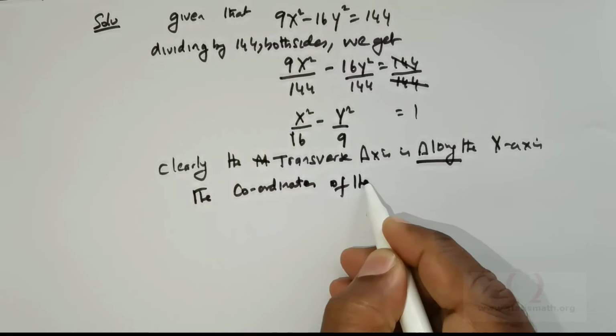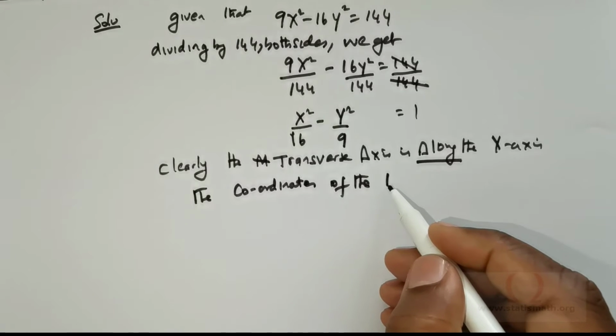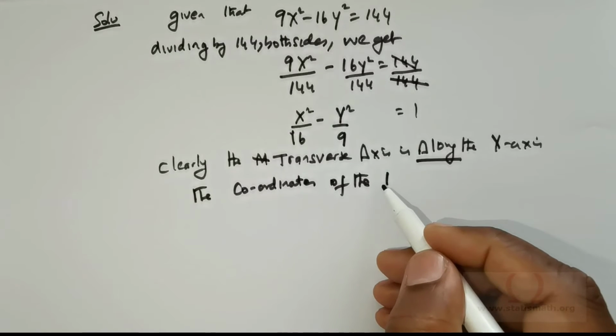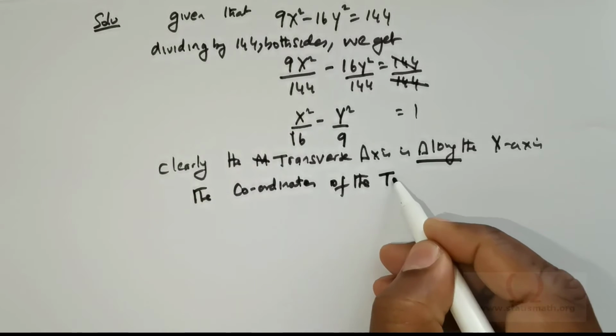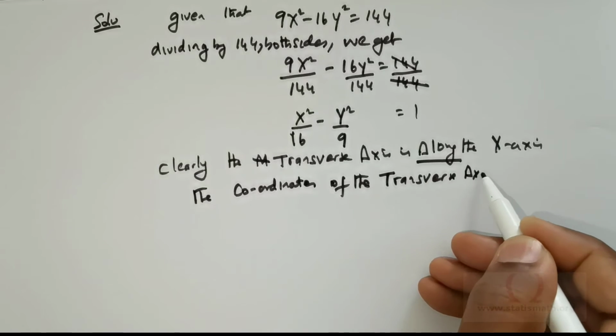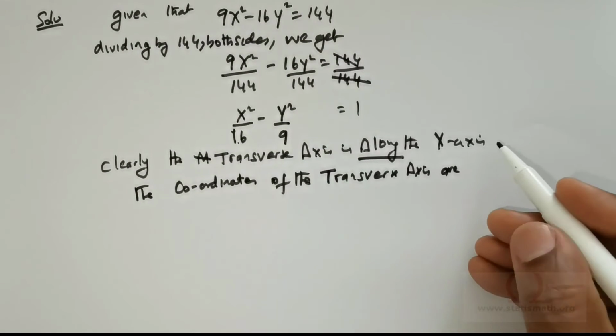The coordinates of the transverse axis, in fact I can specify them as A and A dash, but I can just simply say the coordinates of the transverse axis are, see we got 16 here, right?